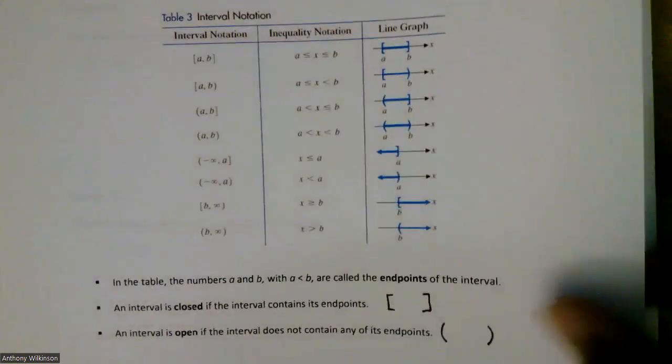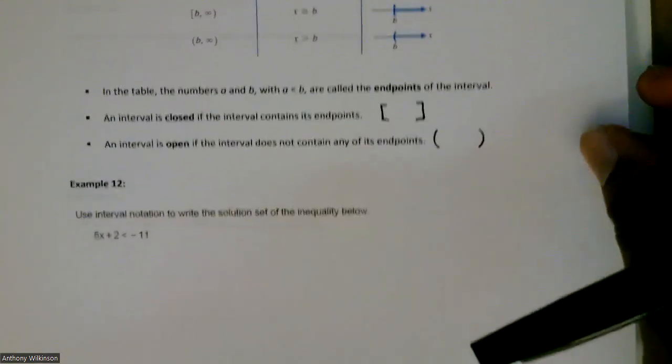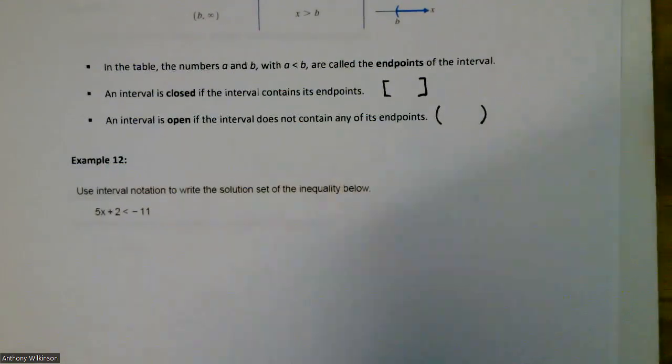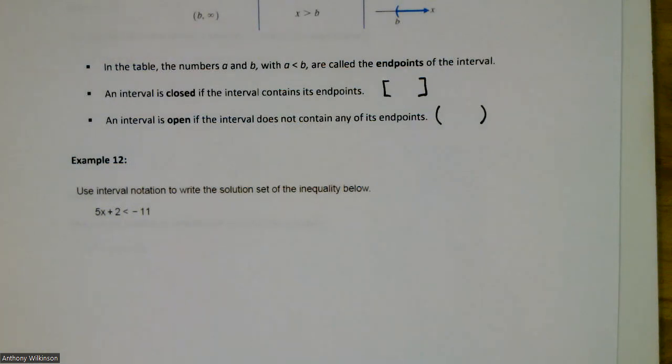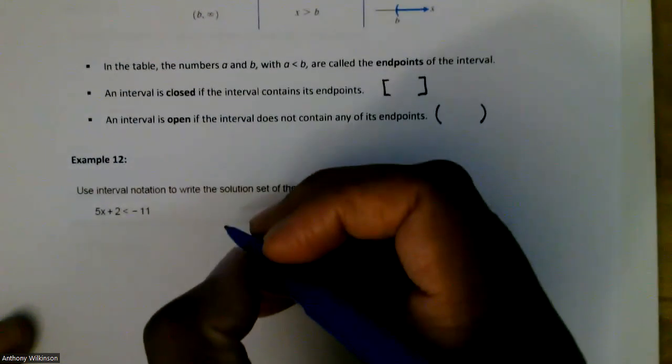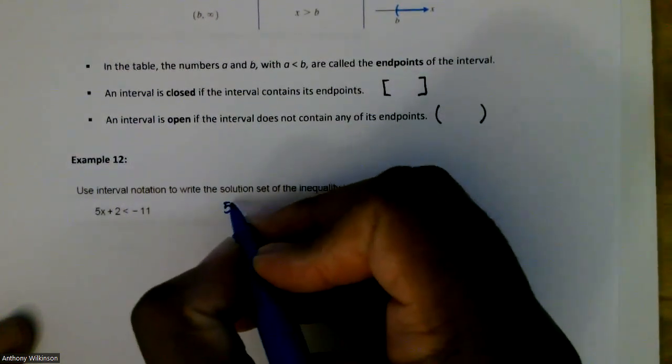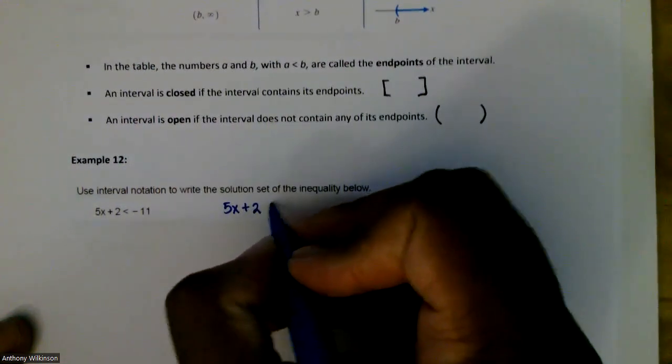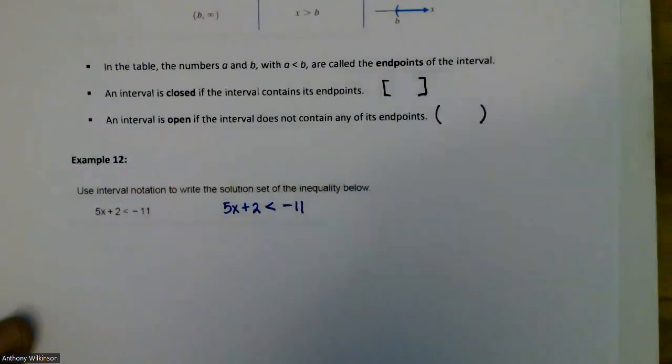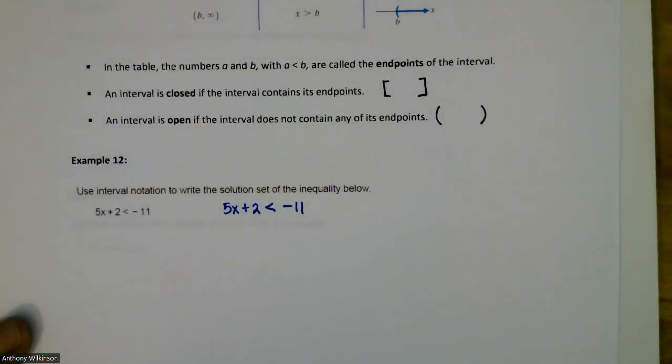Okay, so in this example, we're going to use interval notation to write the solution set of the inequality below: 5x plus 2 is less than negative 11.